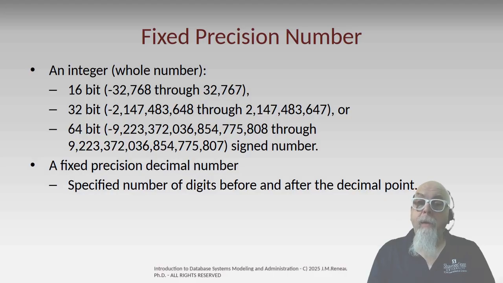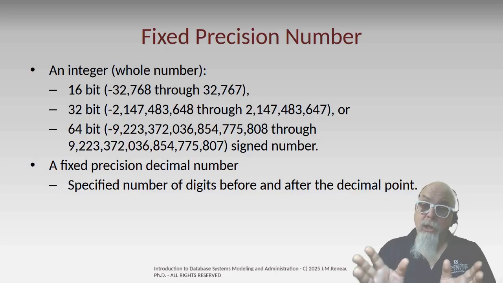A 16-bit number can contain the values from positive to negative 32,000. A 32-bit number has a range of positive to negative 2 billion, and a 64-bit number, well, it's huge.